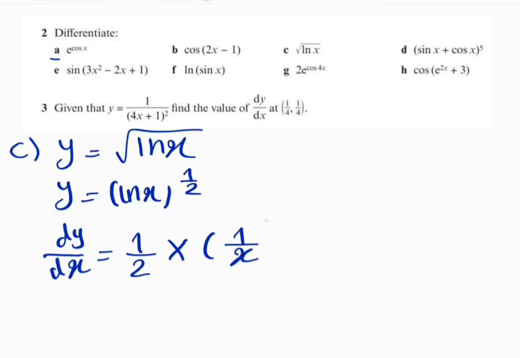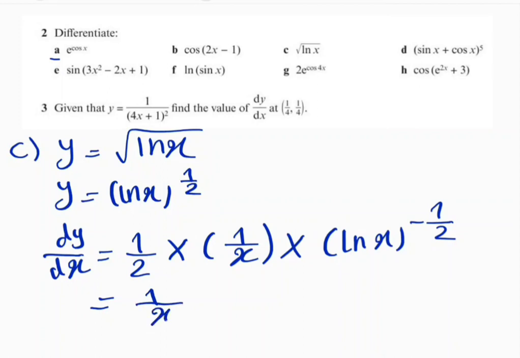And remember that we have natural log of x to the power of minus a half. And we can simplify this, which gives us 1 over x times, or we can write that in this form, times the square root of natural log of x on the denominator. Yeah, so we can simplify this, and that's the final answer.